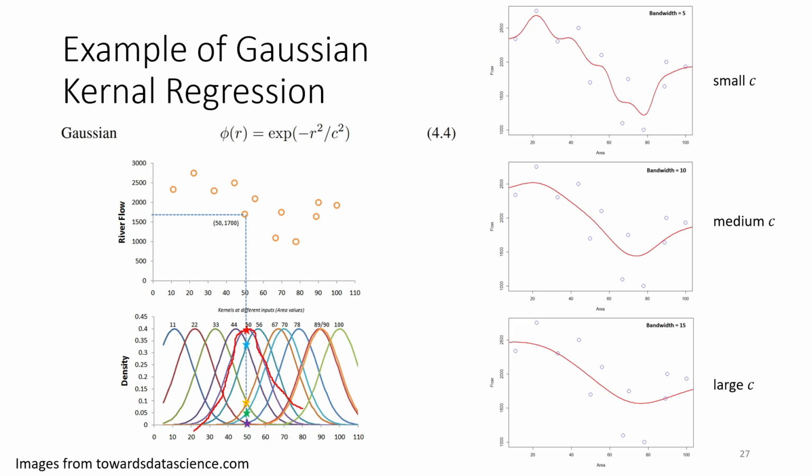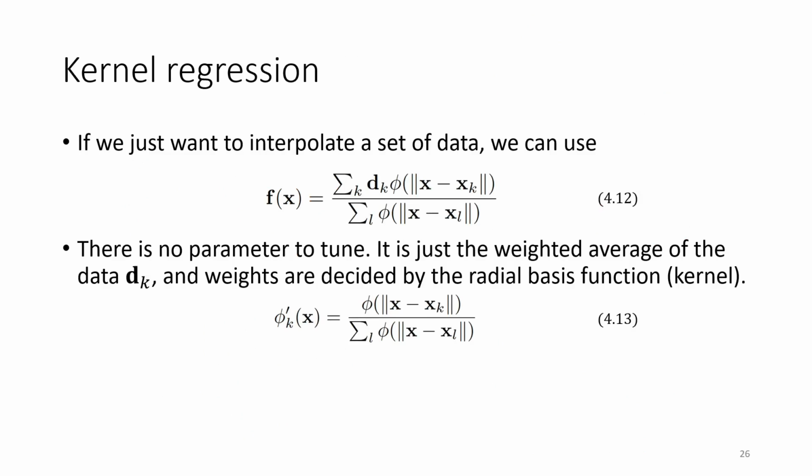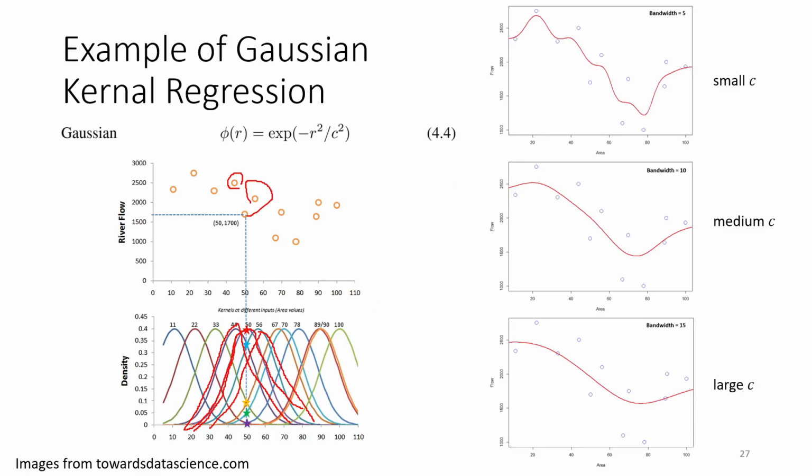And for this point, it will use this distribution. And for this point, it will use this distribution. So those distributions contribute to the weights of the weighted average, like this. This is the weight decided by those kernel functions.